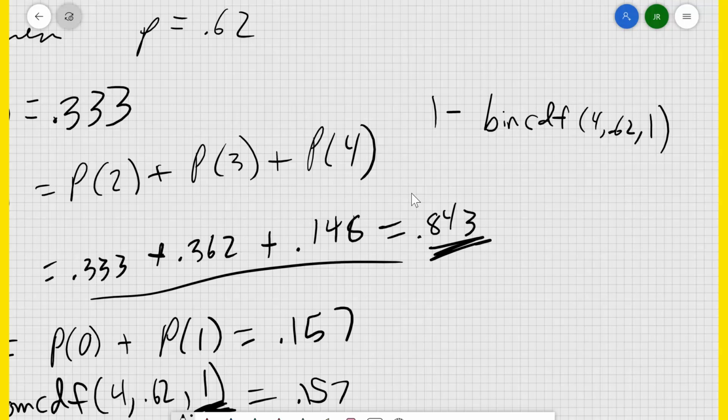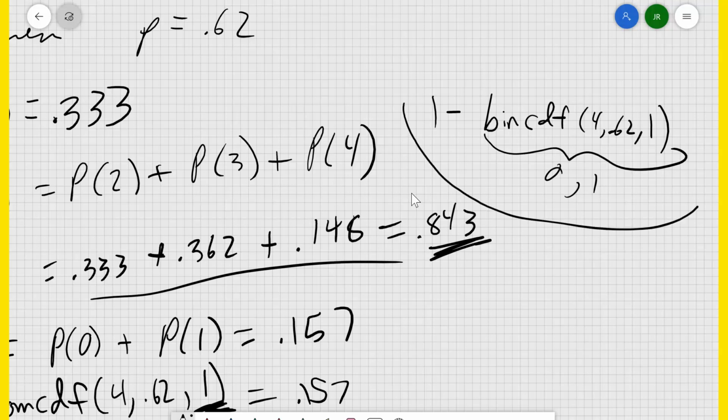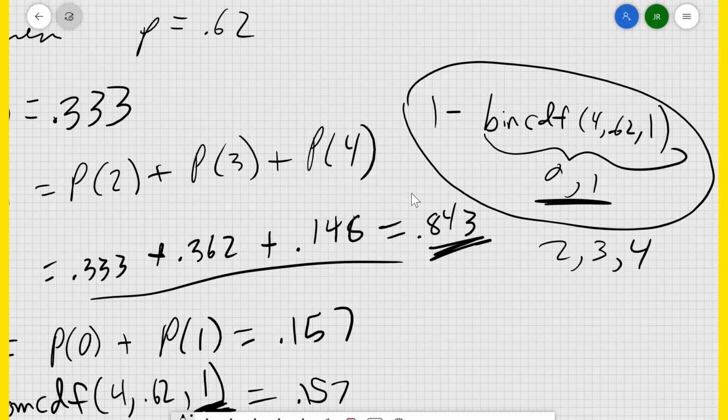Because this right here is going to give me 0 and 1. And so 1 minus that whole thing is going to give me everything but that. So what's everything but that? 2, 3, and 4. So it's the complement there.